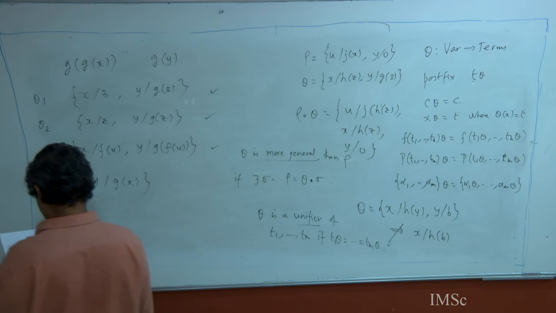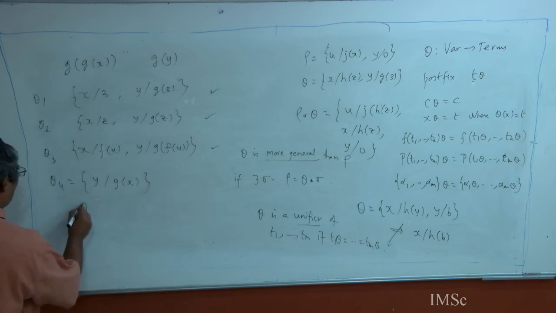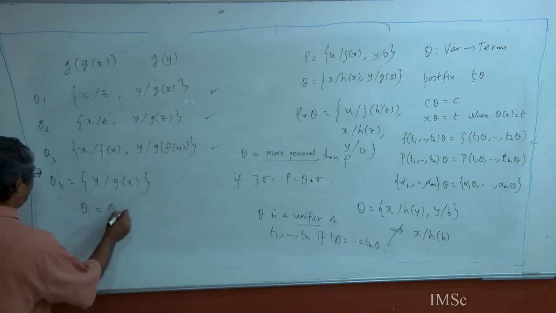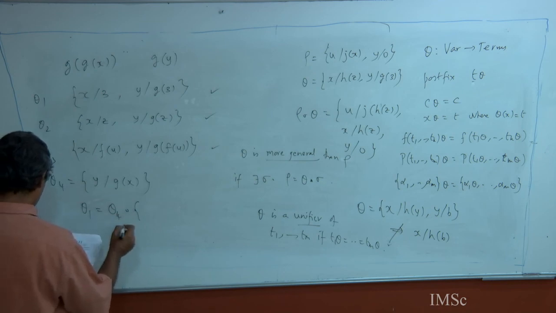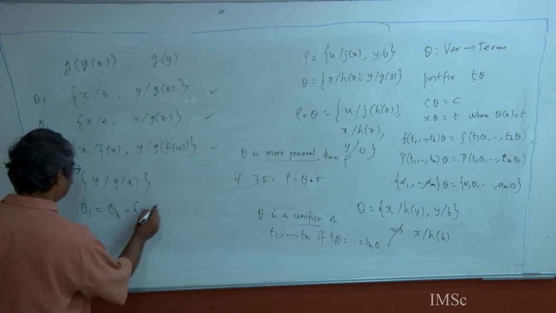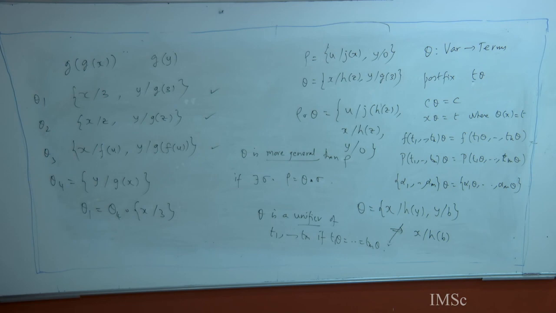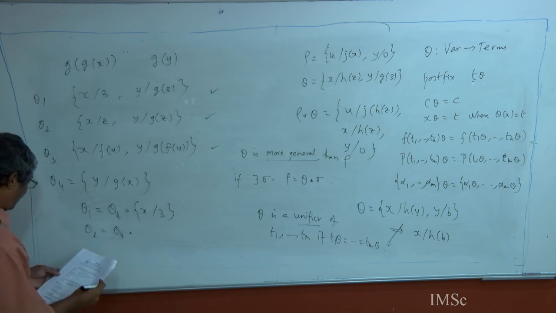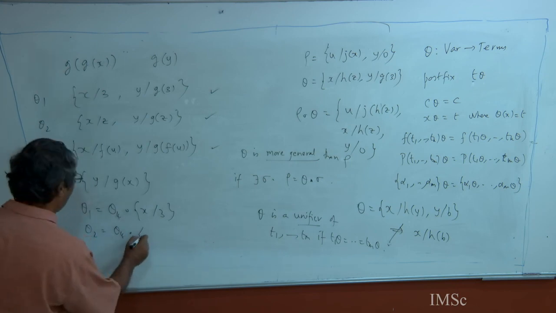Let's see why. Theta 1 is theta 4 composed with whatever we have got, x gets 3. And what is theta 2? Theta 4 composed with x replaced by z.